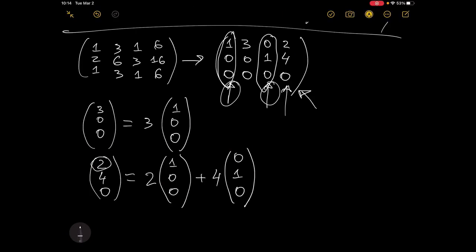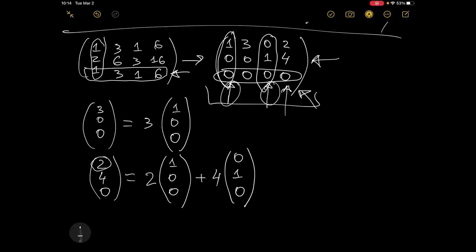Because have a look, you cannot get, for example, the first column using just columns from here, because here you have a 0 row. So all columns have zeros as the third entry, and you cannot get these from here as a linear combination of this and that.